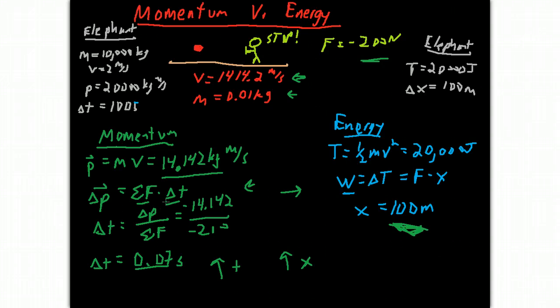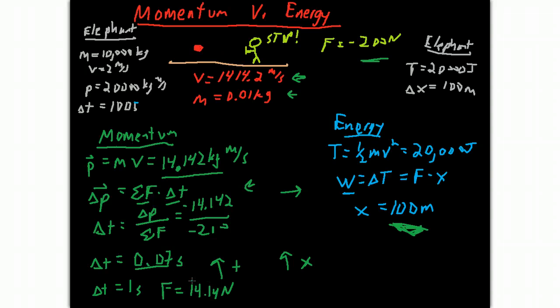If you were willing to, say, extend this to 1 second, let's say that we didn't set the force, and we said, well, let's take 1 second. Let's do this for 1 second. Well, in terms of forces, the force that would be necessary to stop this in 1 second would be 14.14 newtons. That's not very much.